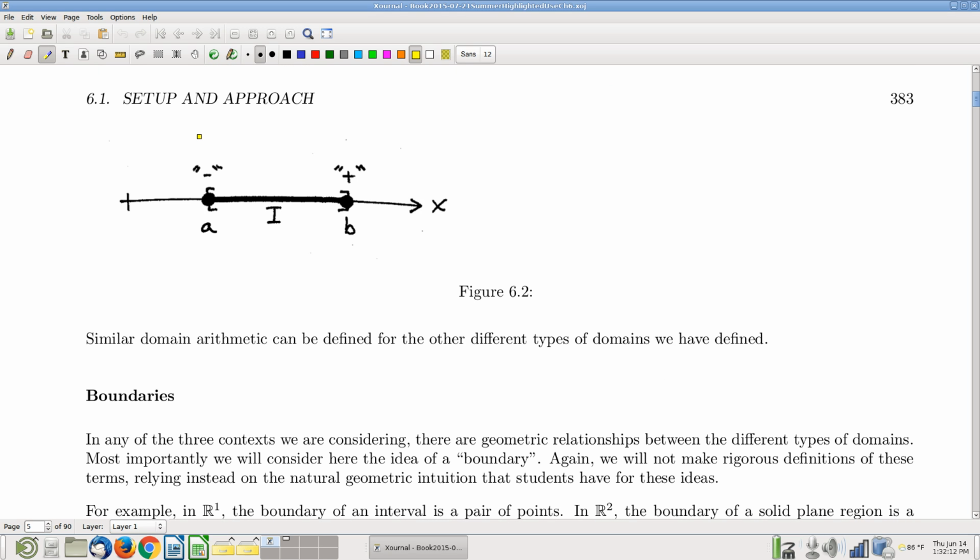Okay, so what do we mean by boundaries? It's kind of exactly what you expect. If you have an interval, the boundary means these two points, the endpoints. The edge, if you will, where your set ends. So no big deal.